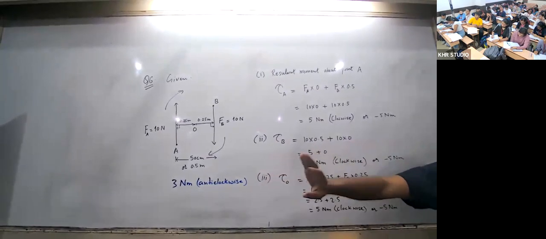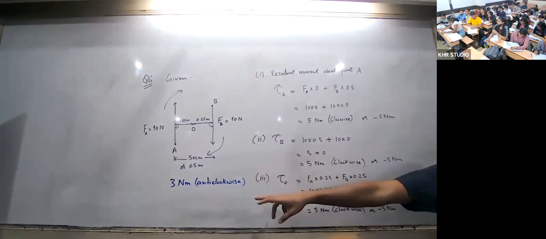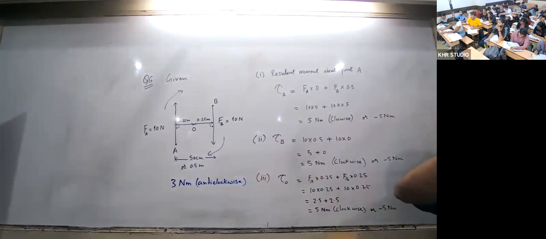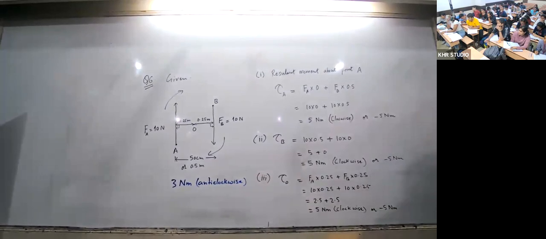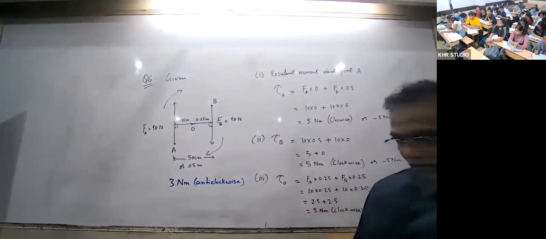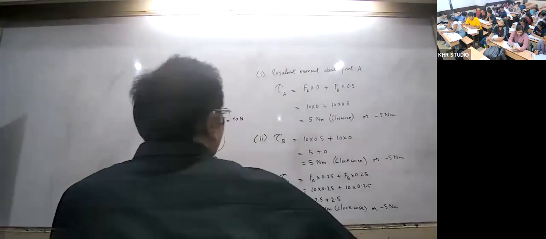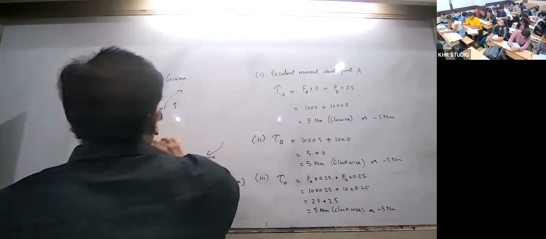We are just applying the formula for moment of a couple, which is either force into perpendicular distance between the forces. Very good. So we will now do the next question. Take the next question.